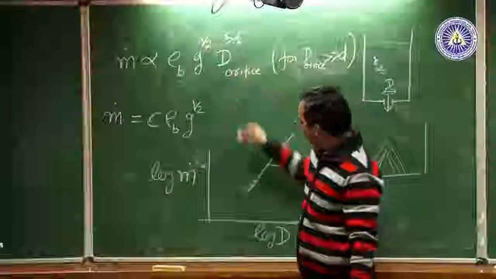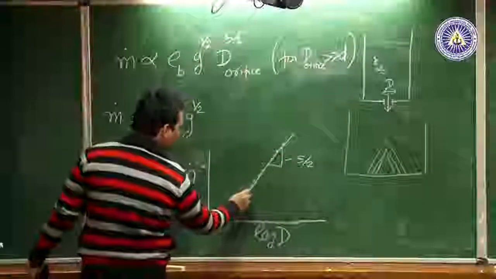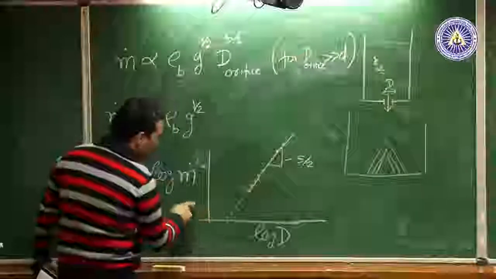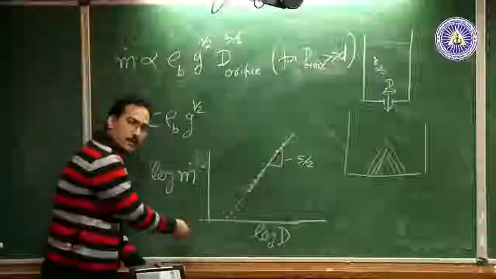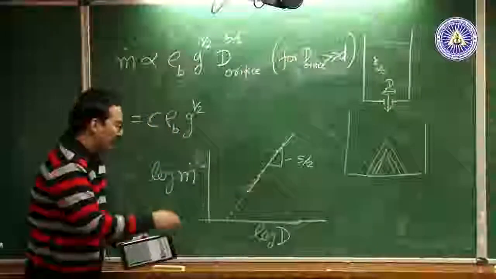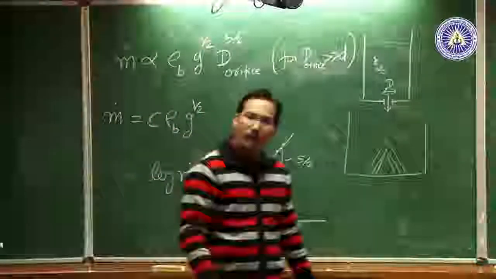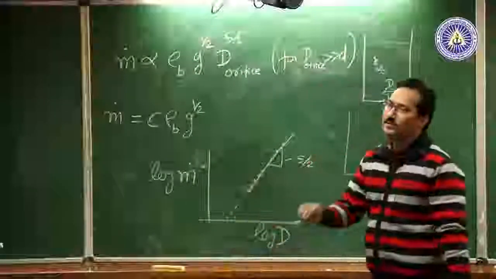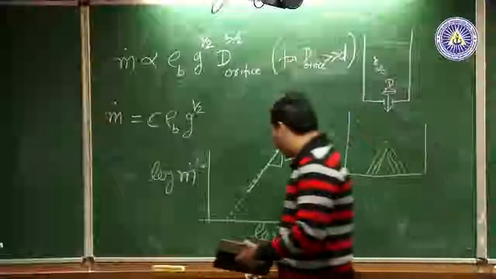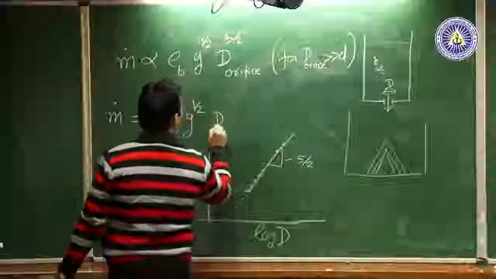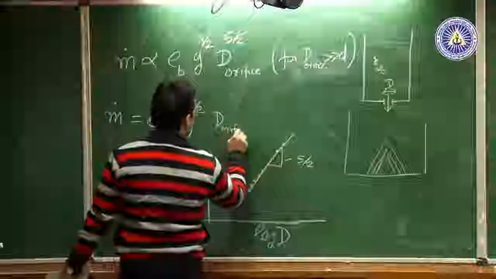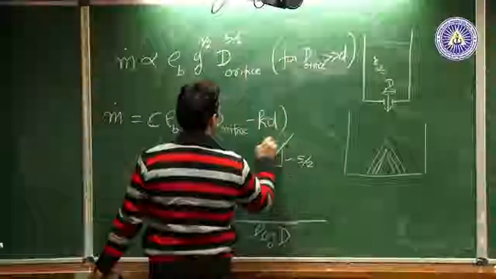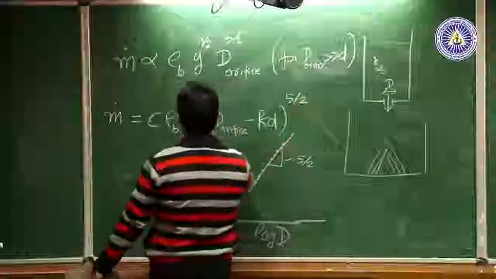The only difference being that this line, when extended, so of course you have measurements only up to some data point, and this is log, so it does not really make sense to extrapolate, but it seems that it is cutting at a value of orifice diameter which is not equal to 0. So you have some finite size at which you think so, and he proposed that a form of this would be, or rather is more appropriate.